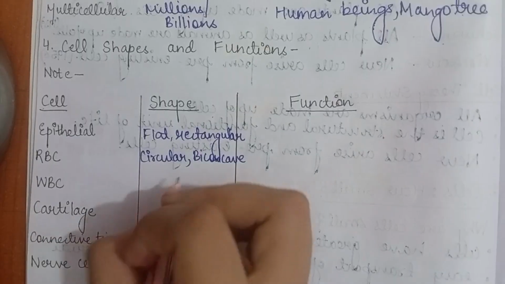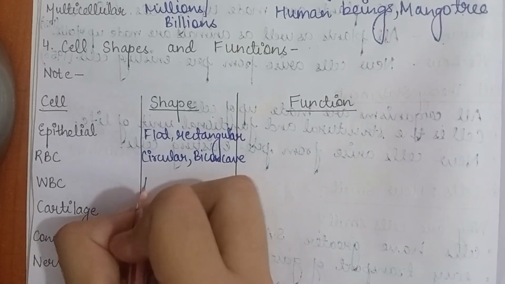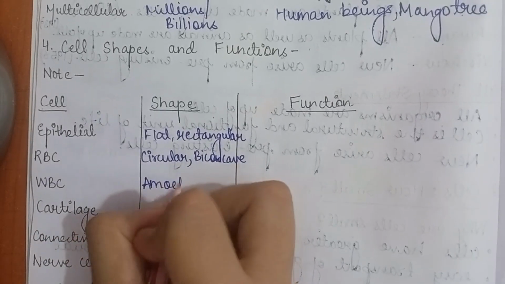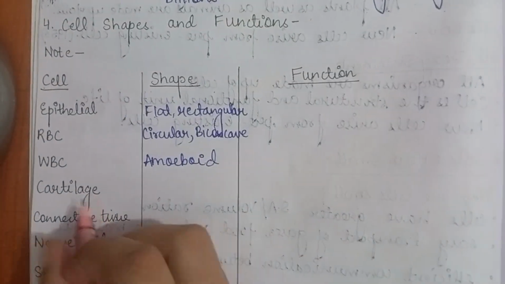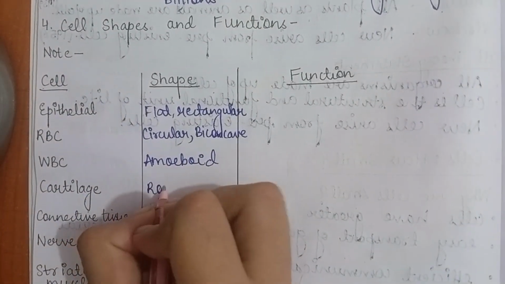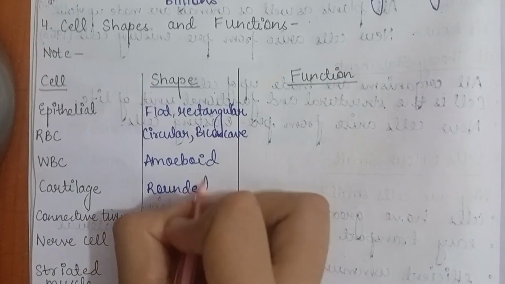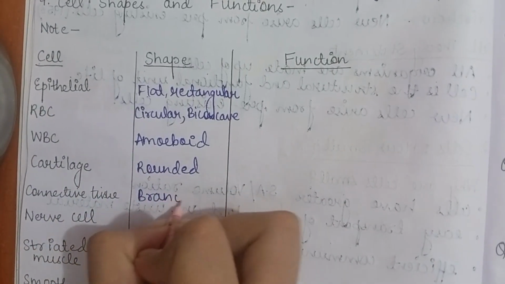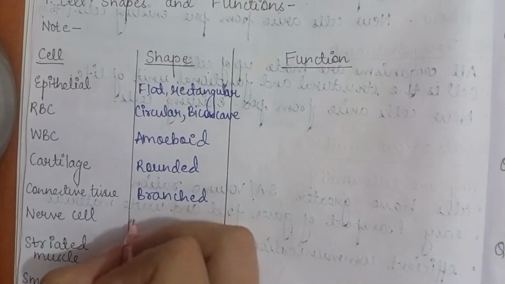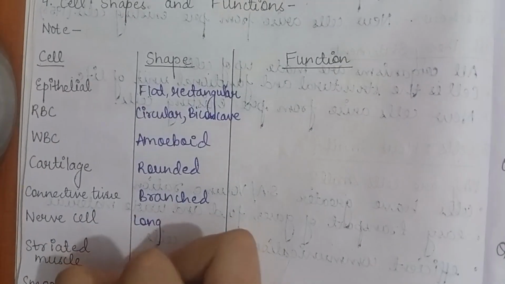White blood cells, they are irregular or amoeboid in shape. Okay, then cartilage are rounded, connective tissue is branched, nerve cells are long and branched.